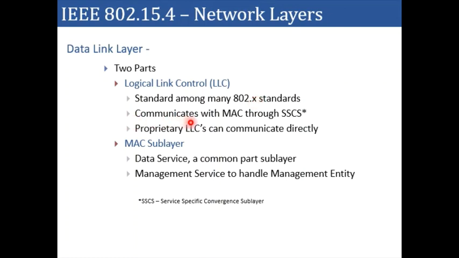It communicates with MAC through SSCS, that is Service Specific Convergence Sublayer. So LLC coordinates with the MAC sublayer within the data link layer through SSCS. In case of proprietary LLC, they can directly communicate with the physical layer or maybe the higher layers.